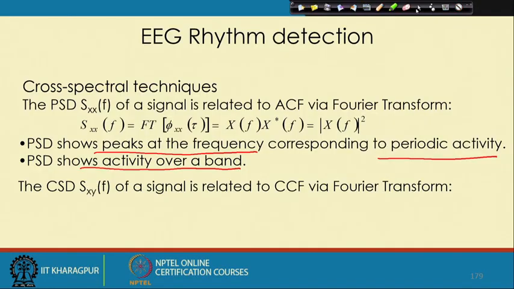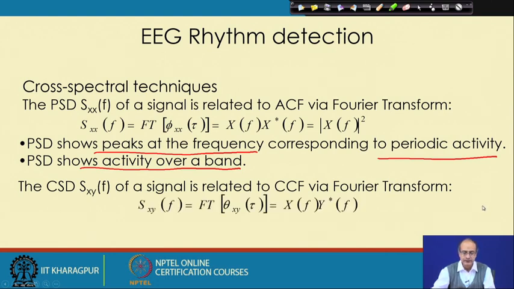There we are interested not in a particular frequency but in the distribution of the energy within a band, and that we can also get directly from the PSD. So, the PSD is a natural match for what we are doing.